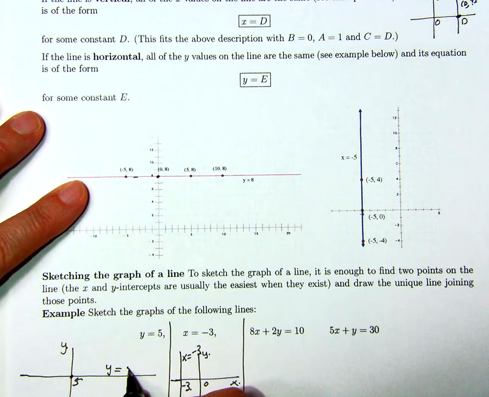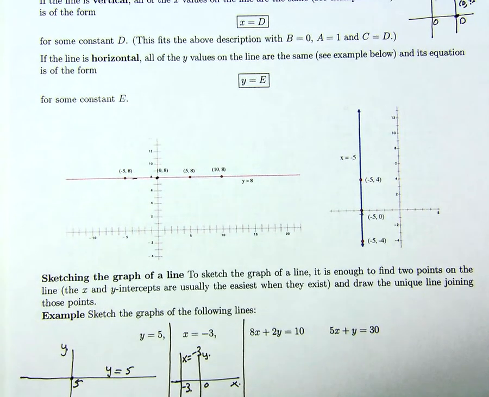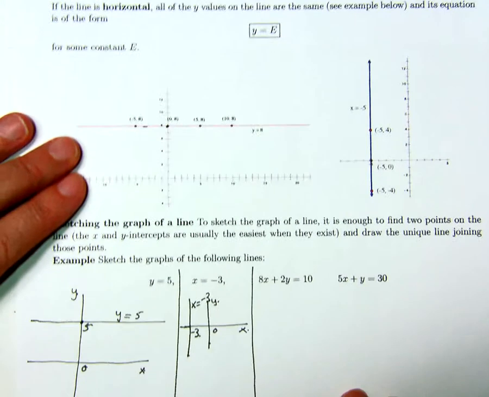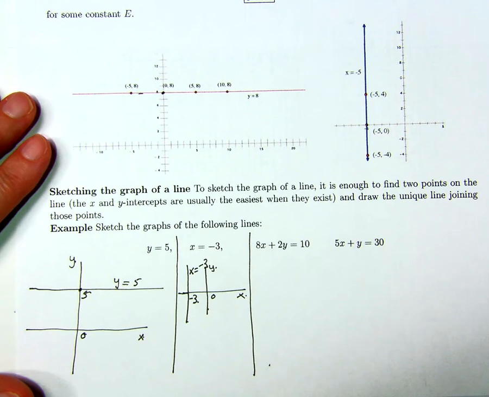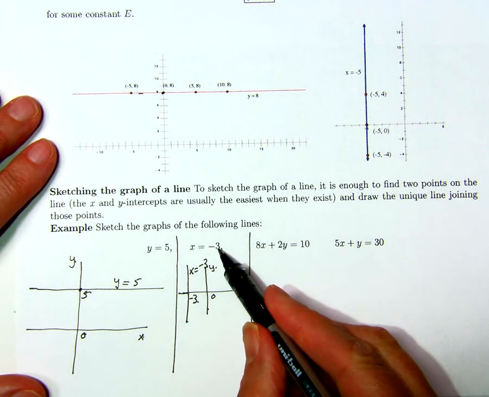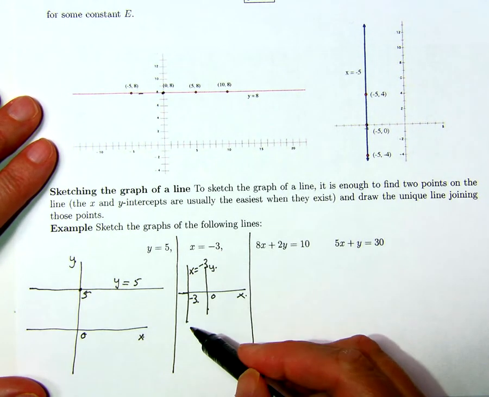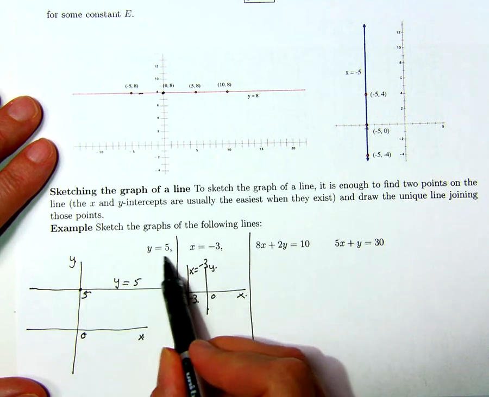That one's the graph of y equals 5. So we have the vertical line through x equals -3, the horizontal line through y equals 5.